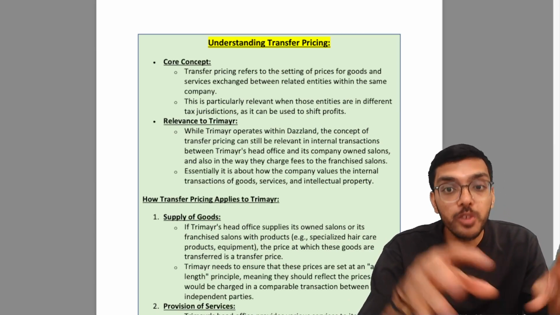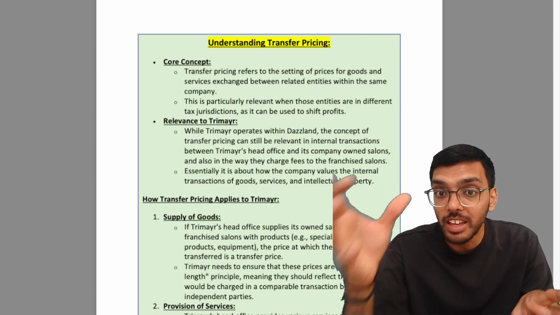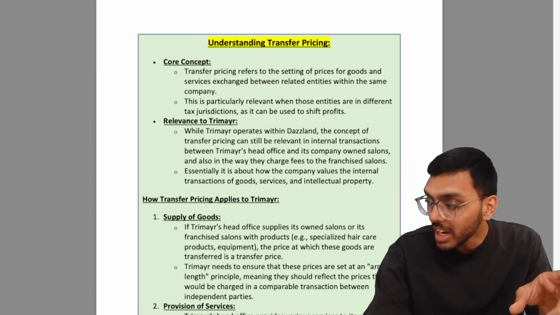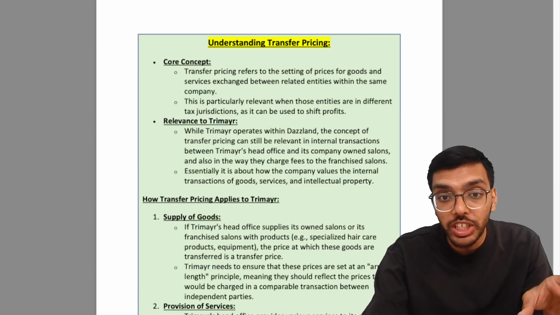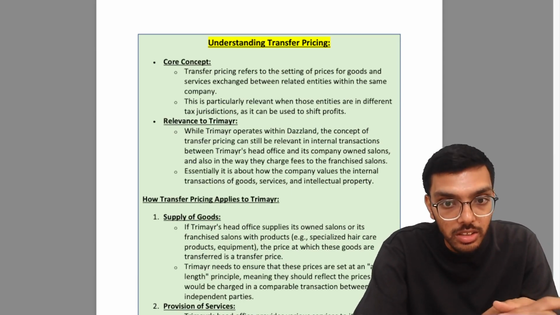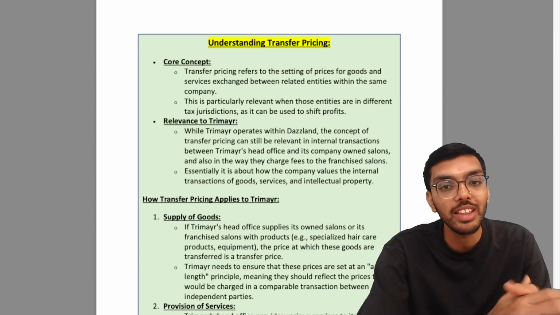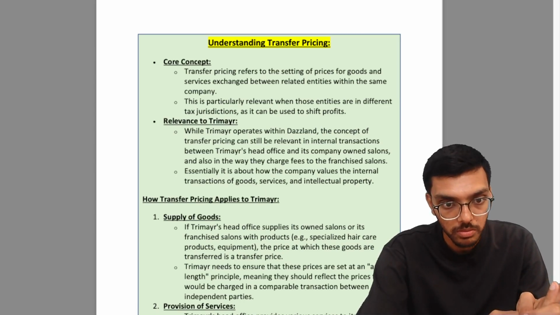While Trimayr operates within Dazzland, the concept of transfer pricing can be relevant for us because, as we know, we have franchise salons, independent profit generating units sending us fees, royalties. So it's essentially about how the company values the internal transactions of goods and services.